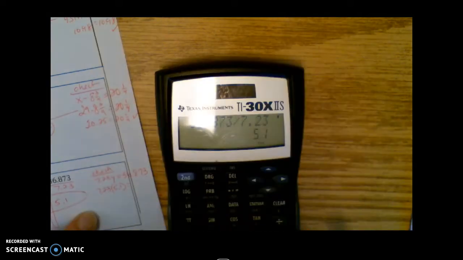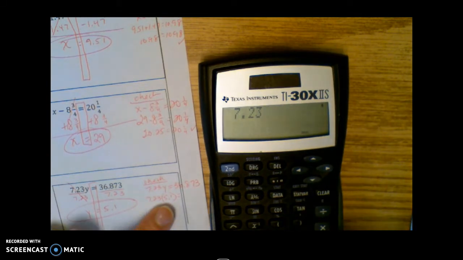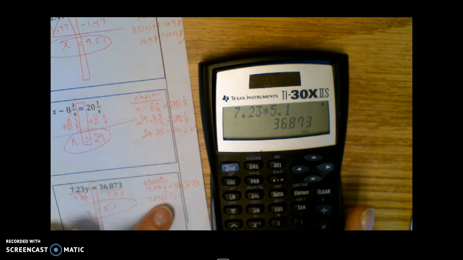Let's check it. We got a glare on the screen. 7.23 times 5.1 is 36.873. We are doing well. 36.873 shows that it balances out. And you can put a little check mark there.